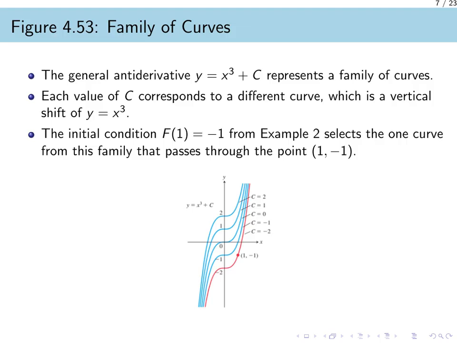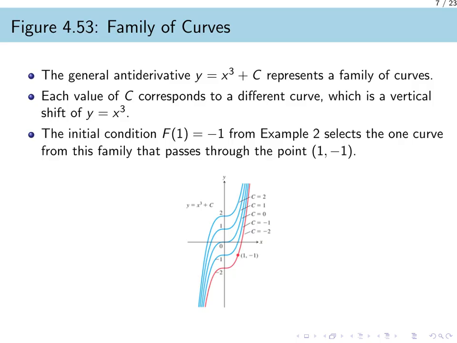Let us visualize what the general antiderivative, y equals x cubed plus C, actually represents. This equation describes not a single function, but an entire family of curves, where each curve is a vertical shift of the basic shape y equals x cubed. The constant of integration, C, determines the specific vertical position of each curve on the graph.